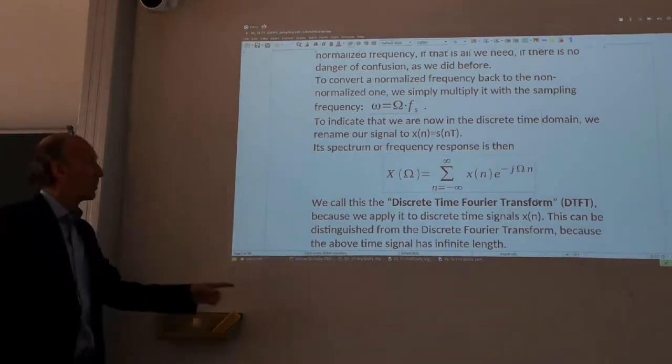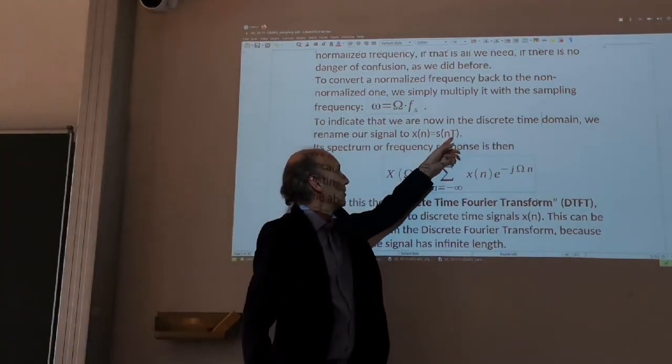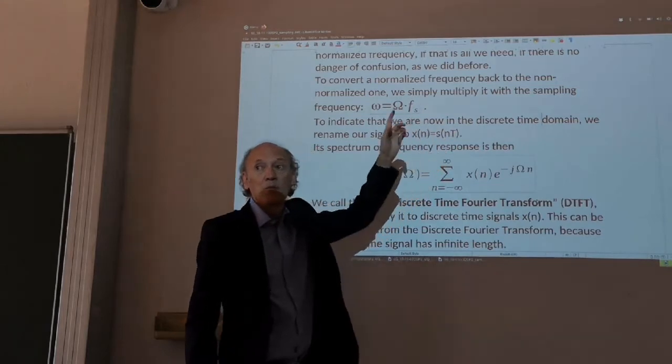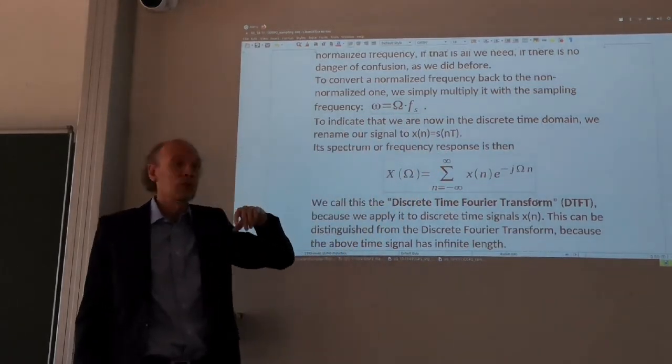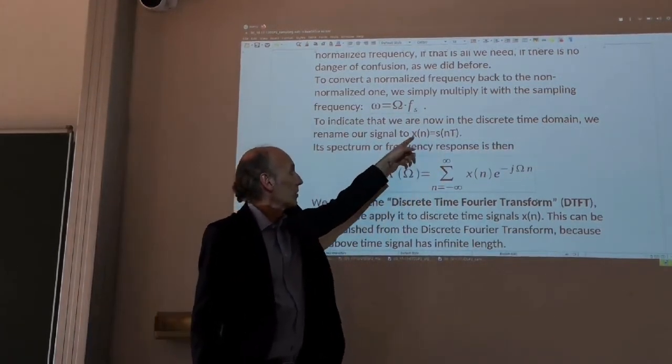So this is just a simplification. We don't need to know capital T anymore when we enter the normalized domain. We just have a sequence of numbers.